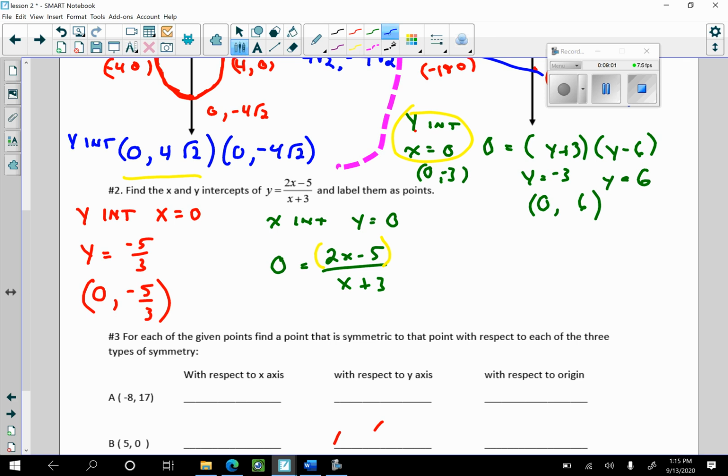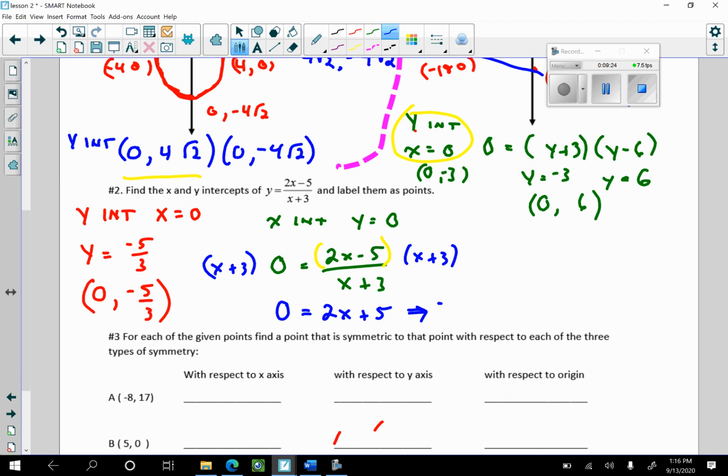Another way I could think about it is just do it analytically. If I multiply both sides by x plus 3, these things cancel, and x plus 3 times 0 is simply 0. And so if I want to find when this fraction here is equal to 0, it's only 0 when the top is 0. And when is the top 0?